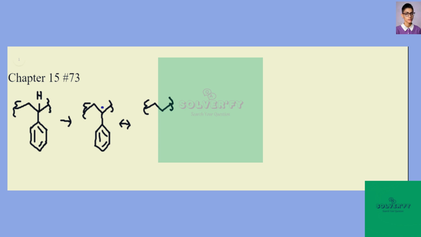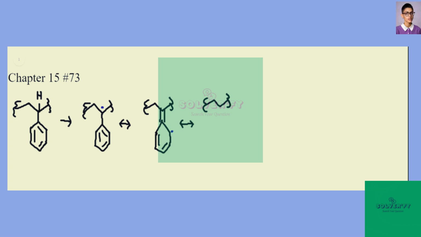So our first resonance structure is going to put a double bond here and the free radical here. Our next resonance structure just moves the unpaired electron around the ring, basically.